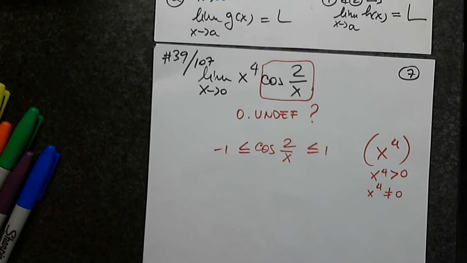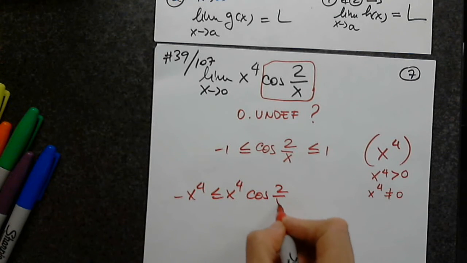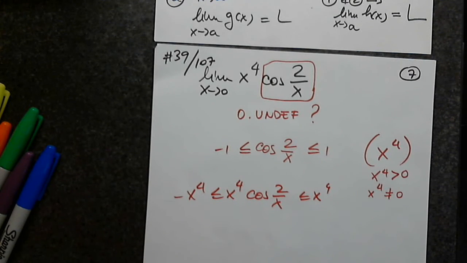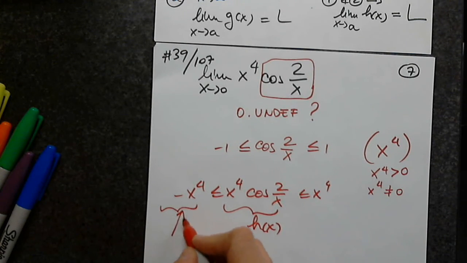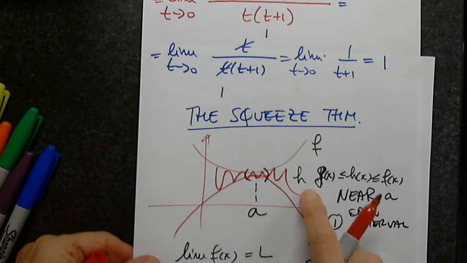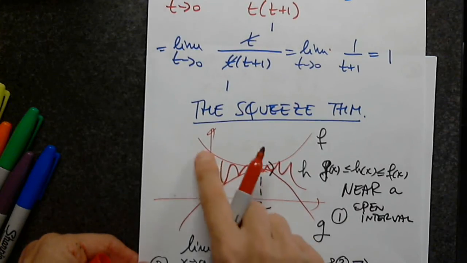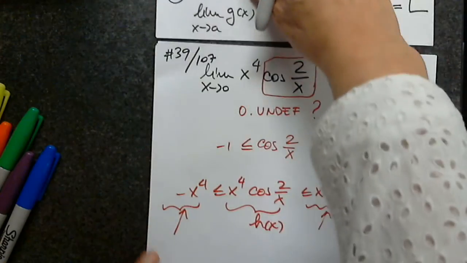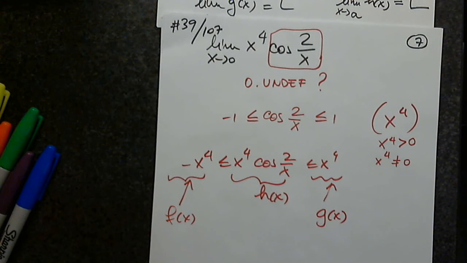So I can multiply. So then I have negative x to the fourth, less than or equal to x to the fourth cosine of 2 over x, less than or equal to x to the fourth. So this is my h of x. Can anyone tell us what is this, and what is that? So f is at the top, g is at the bottom.